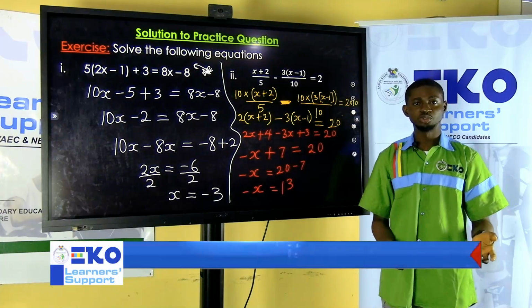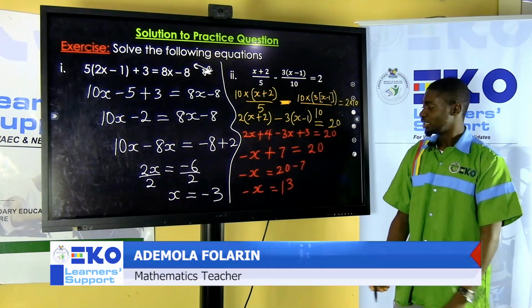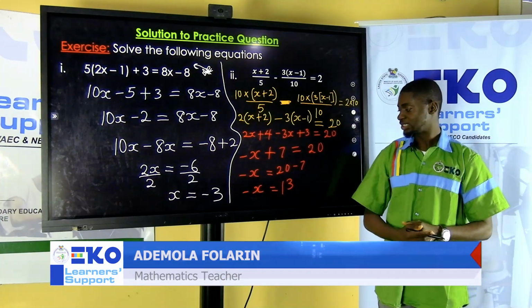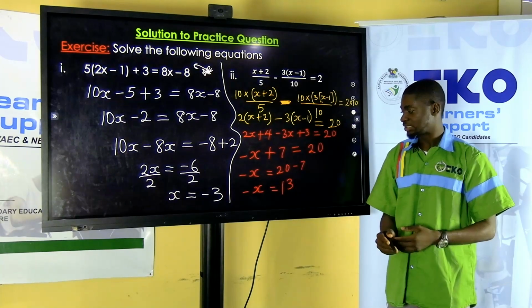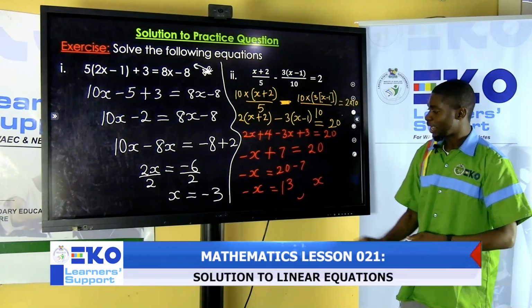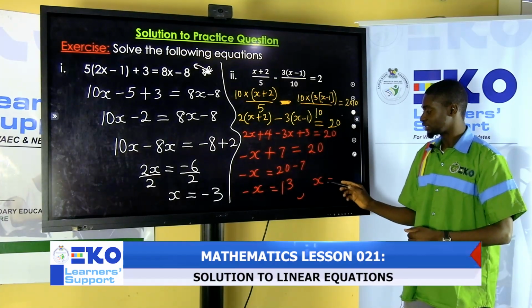So what would you do? You multiply both sides, or you divide both sides by -1, because -1 is the coefficient of x here. So if I multiply through -1 times -x, it gives me x, -1 multiplied by 13, it gives me -13.